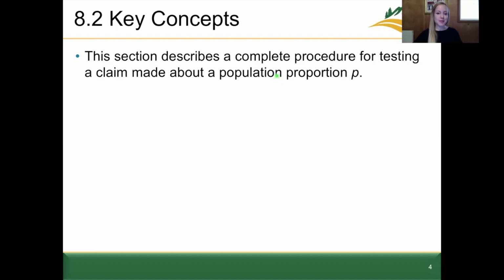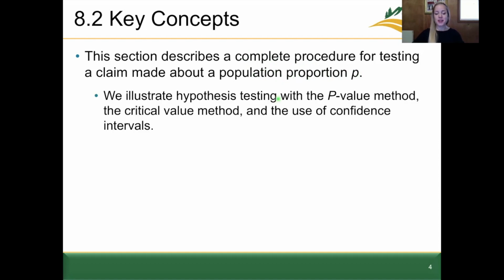Remember that parameters describe a population, whereas statistics describe a sample. So for the category of proportions, a population proportion is lowercase p, whereas a sample proportion is denoted by p hat. So I mentioned we build off 8.1.